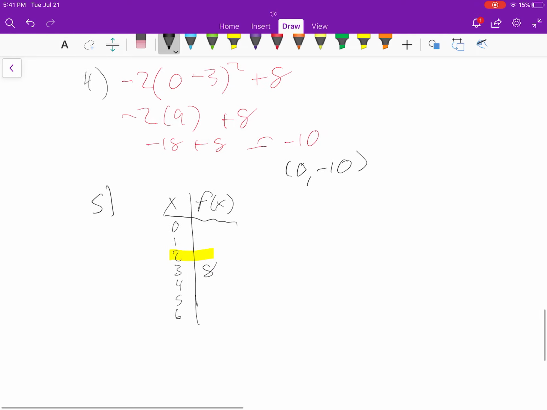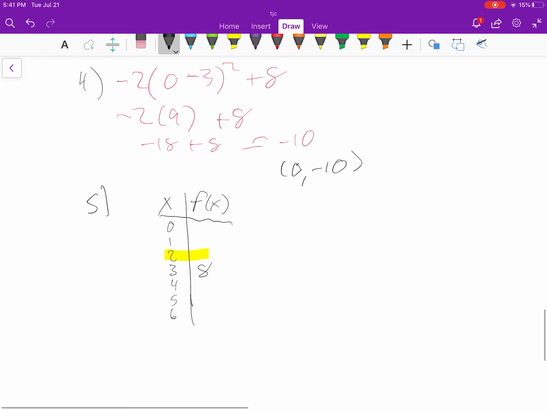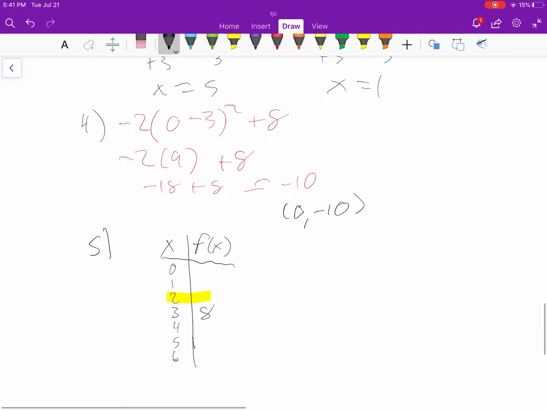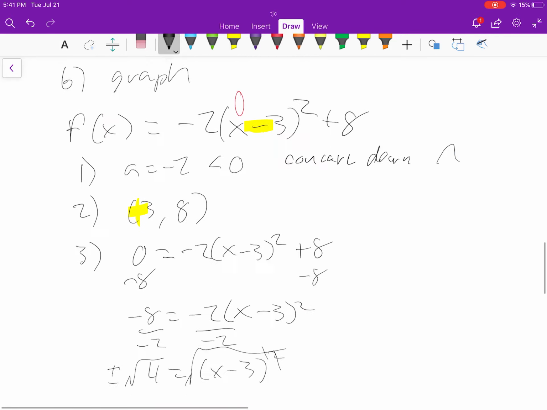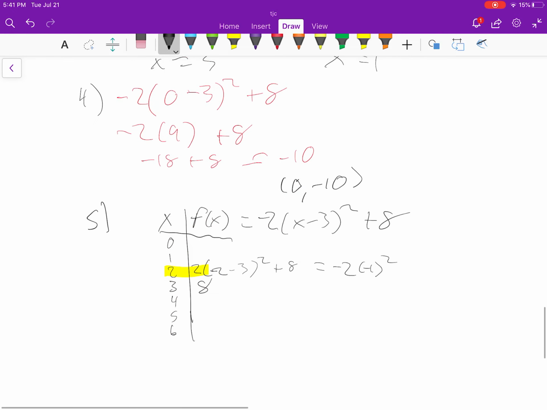So we plug 2 into the original. Well, let me write the original function. It is -2 times x minus 3 squared plus 8. So plug 2 in, you're going to get -2 times 2 minus 3 squared plus 8, which equals -2 times -1 squared plus 8.